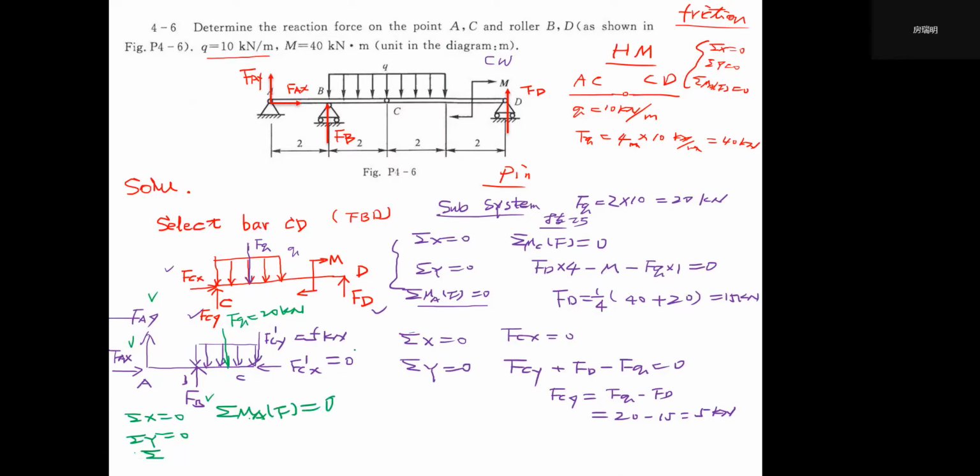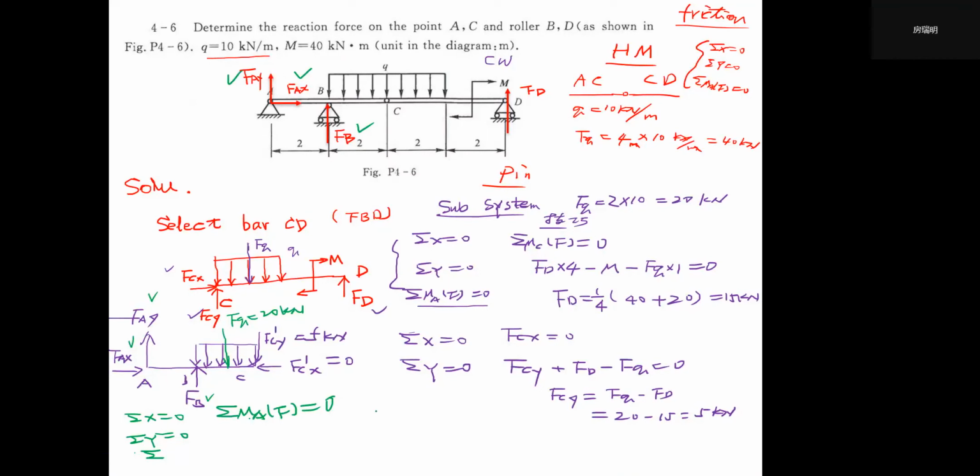Then just like this, we can use these three equations to find FAY, FAX, FB, right? Then we will finish our requirement. So this is the so-called first choice.